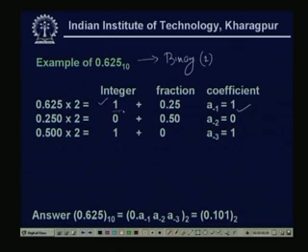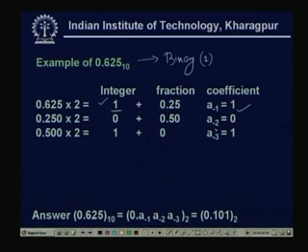This is the integer I got. Now, I take the current fraction, that means 0.25. So, 0.250, again I will multiply by 2. So, it will be 0.50. So, integer is 0, current fraction is 0.5.